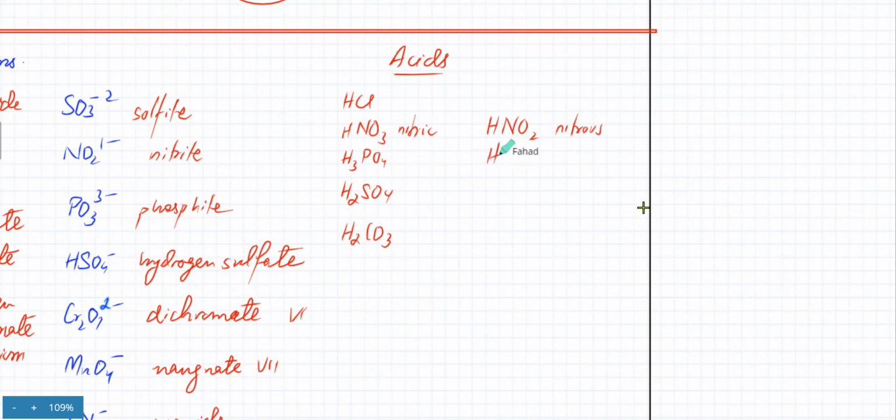Then there's another one which is phosphorus. ठीक है, this is phosphoric. फिर sulfuric होता है तो there's another one which is sulfurous. उसमें एक ऑक्सीजन कम होता है. So it has a total of 3 oxygens. So this is not sulfuric, it's your sulfurous acid.